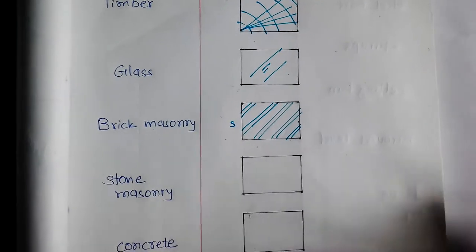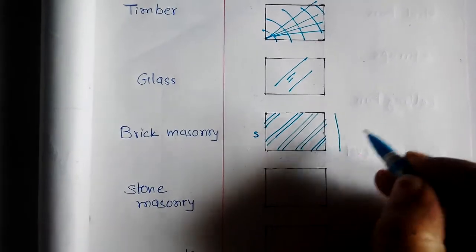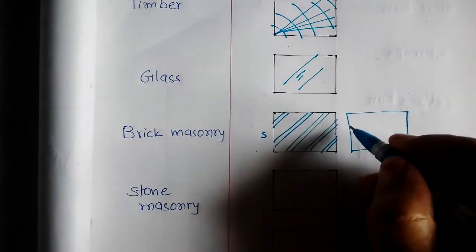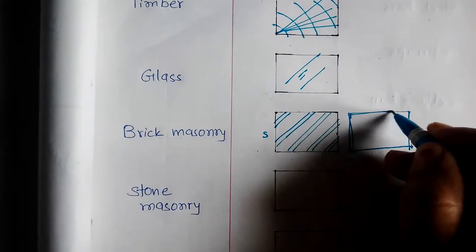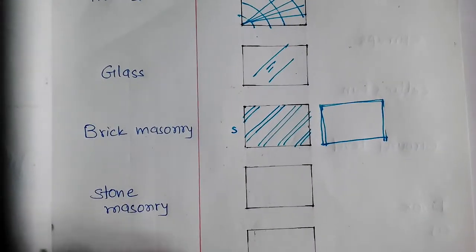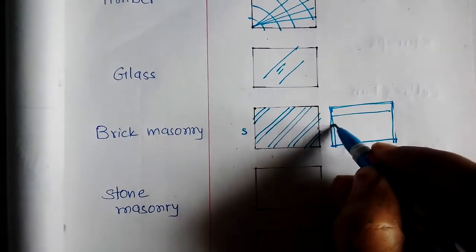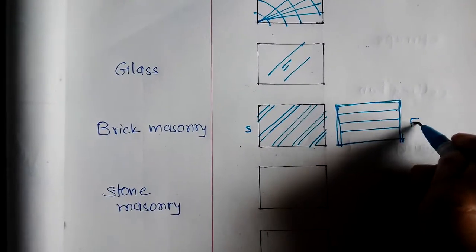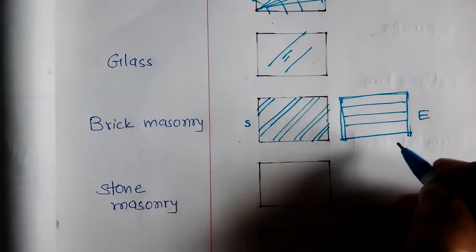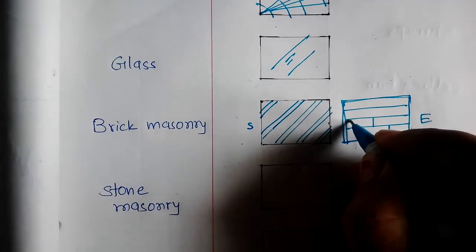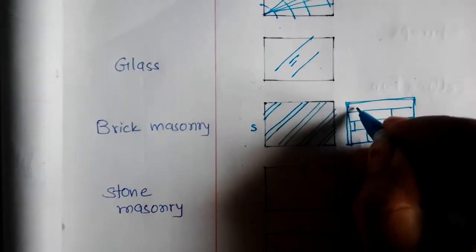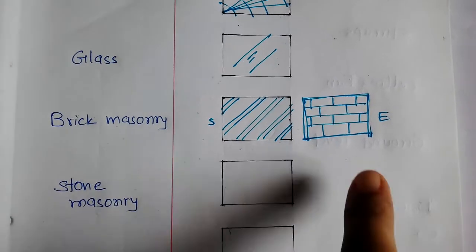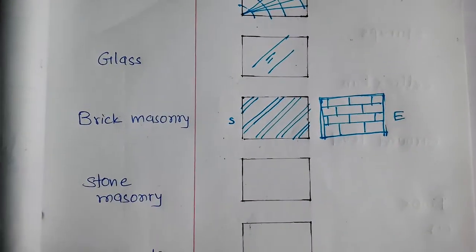But if in some case we have to present elevations, with the symbol as an elevation, at that time draw a simple rectangular box, then draw horizontal lines, and write down here E. This is the graphical symbol for the brick masonry in elevation, and this is in sections.